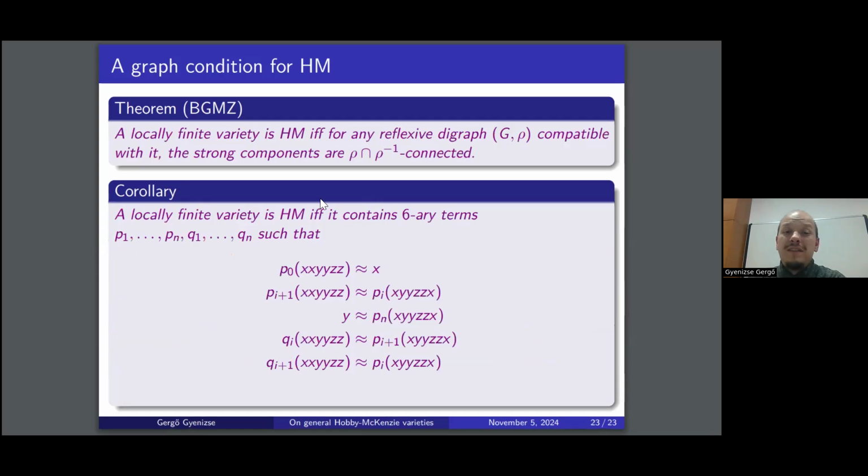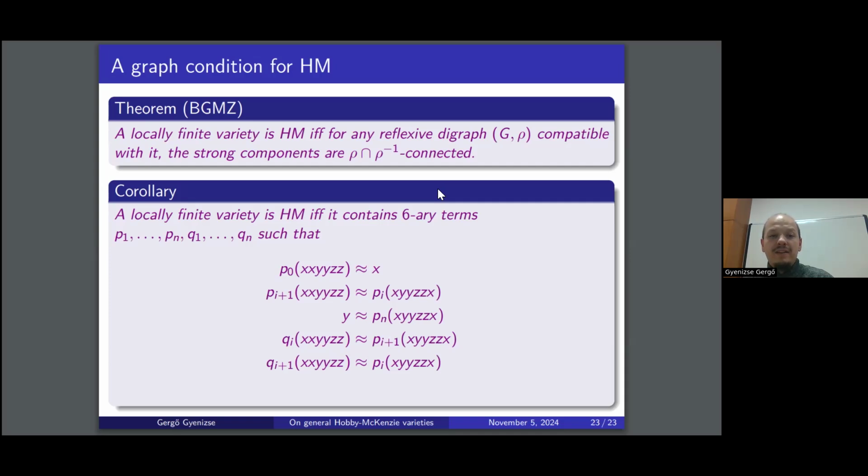This condition describes Hobby-McKenzie for the locally finite case because of some TCT, which means that we can derive a Maltsev condition that describes HM for the locally finite case, but we don't know whether this is true for general varieties.